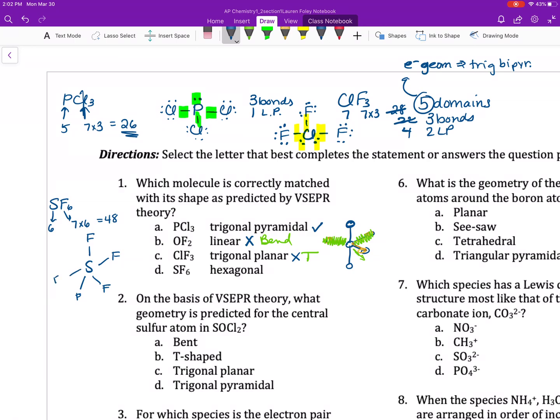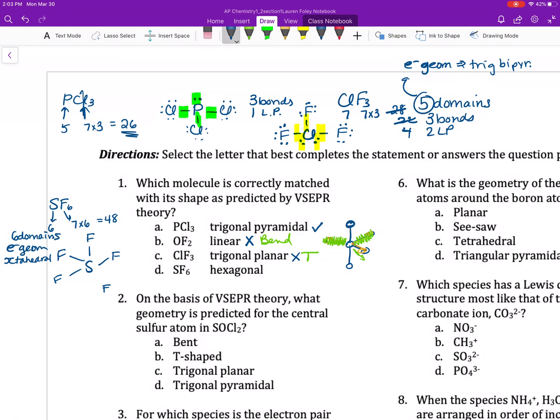4, 5, 6. So if I have 6 domains, the electron geometry would be octahedral. Let me straighten this out a little bit.